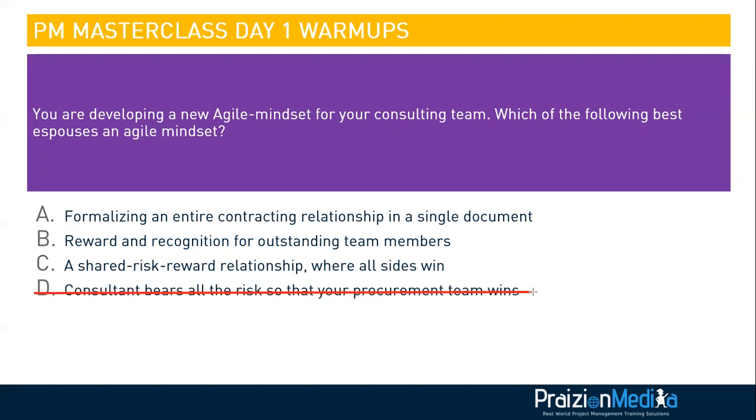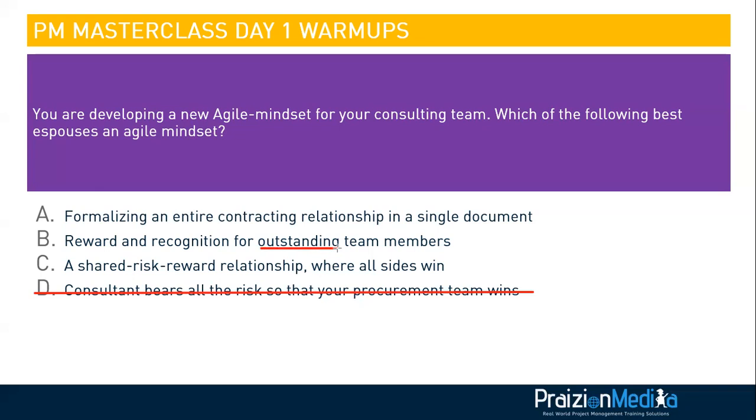C, a shared risk-reward relationship where all sides win. Well, what could go wrong if every side wins? Let's hold on to that thought. B, reward and recognition for, note the word, outstanding team members. In the world of Agile, we do not segregate outstanding team members from what may be otherwise not outstanding.